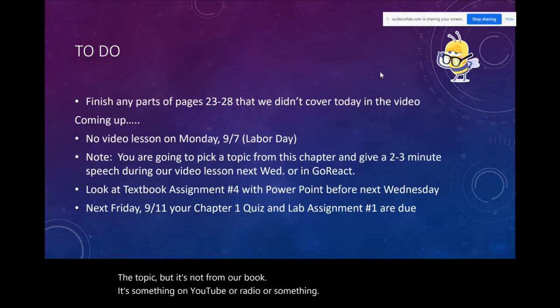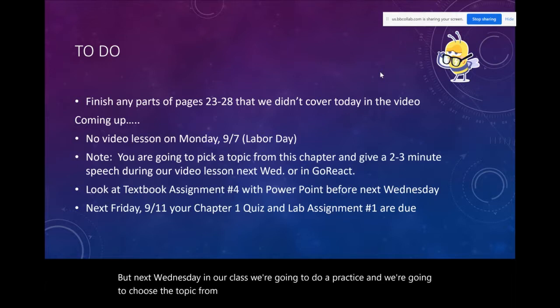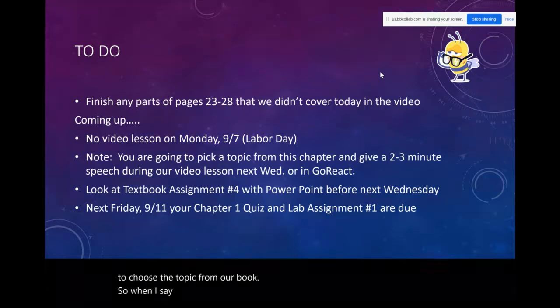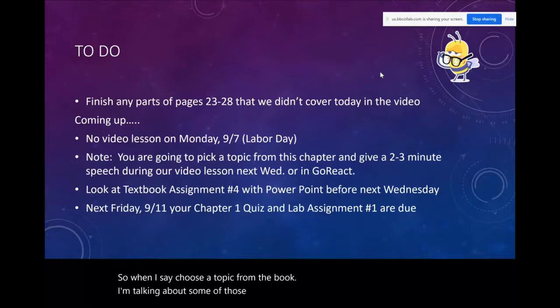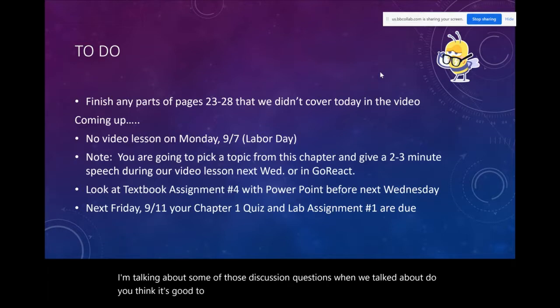But next Wednesday in our class, we're going to do a practice and we're going to choose a topic from our book. When I say choose a topic from the book, I'm talking about some of those discussion questions, like when we talked about, do you think it's good to use animals for work? Yes or no? Why not? That could be a topic that you pick and talk about.